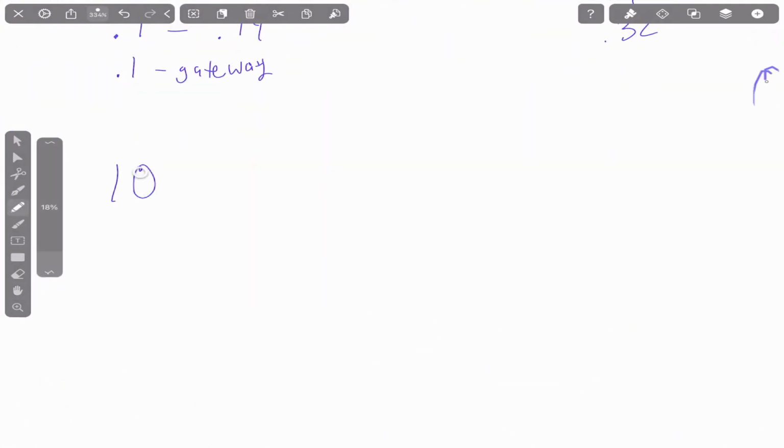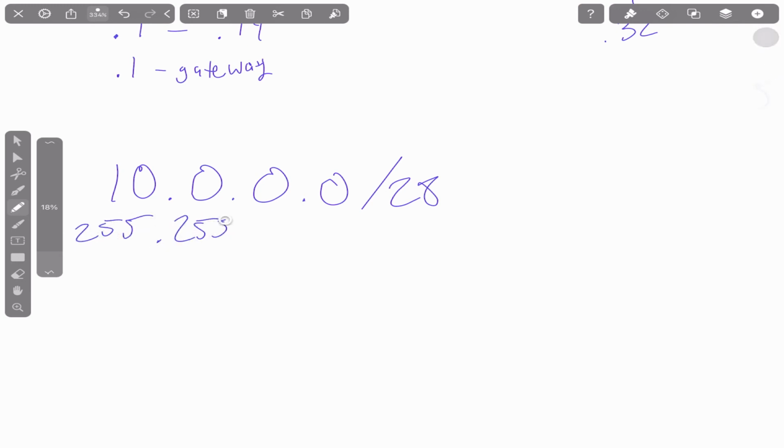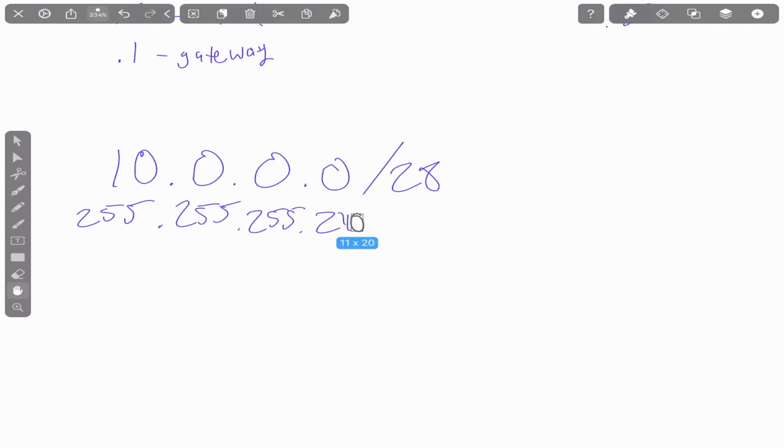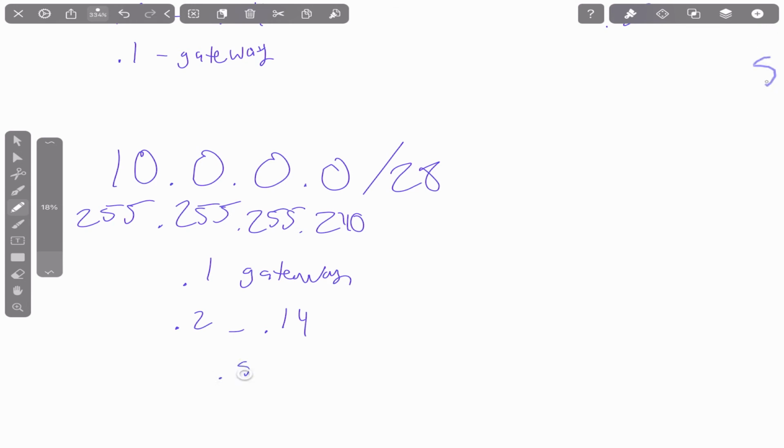So our first network is 10.0.0.0/28 with a 255.255.255.240. And that first range, right, .1 is the gateway, and you have from .2 all the way to .14. .15 is the broadcast.